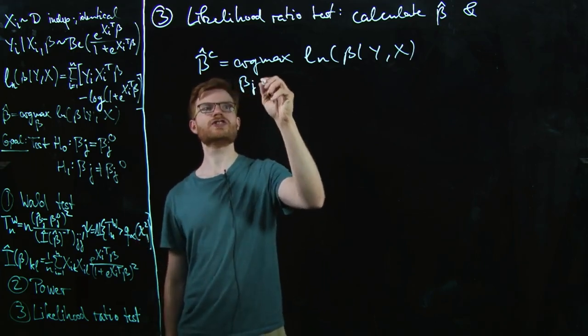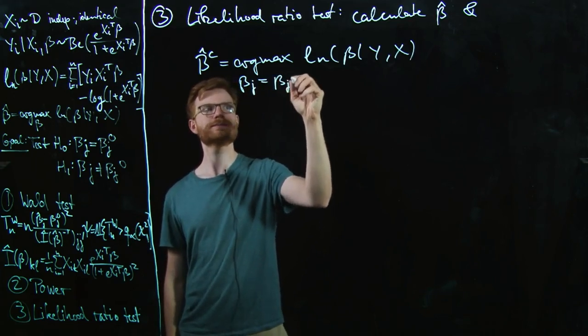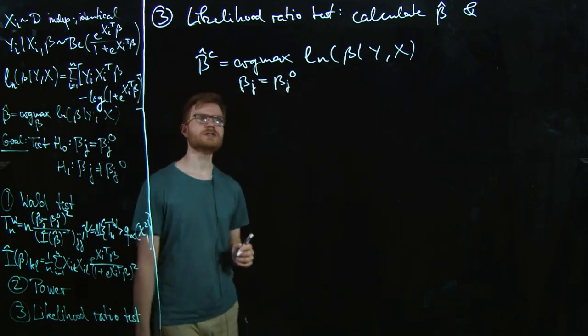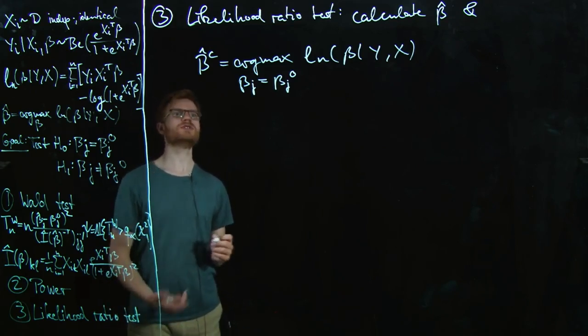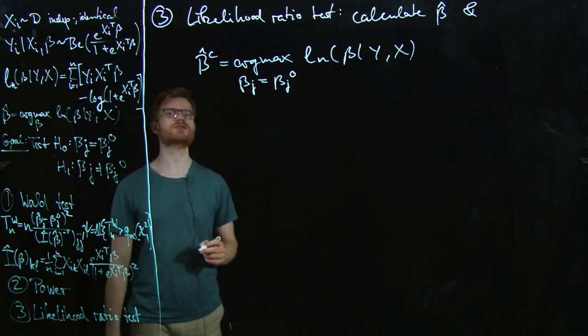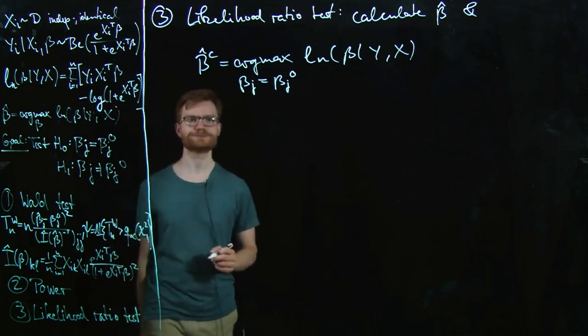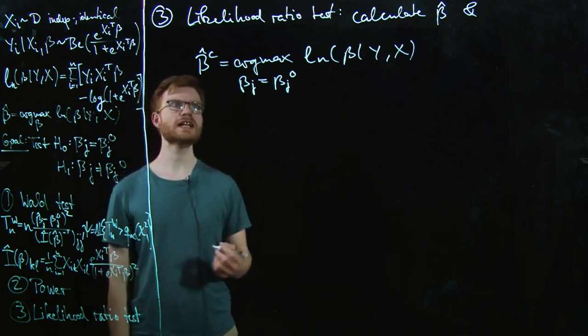So beta j is equal to beta j naught. And usually, when you have an algorithm that can optimize your likelihood, it should also be able to just fix some of the parameters, for example, to just beta j naught. So you can calculate this.